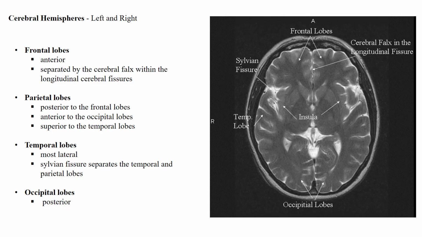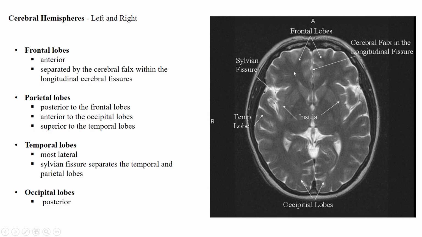So on an axial slice, this is an axial T2, through the temporal lobes, and we are able to see the frontal lobes here, and the cerebral falx creates that fold that separates the frontal lobes anteriorly. The cerebral falx runs from the superior sagittal sinus to the inferior sagittal sinus.